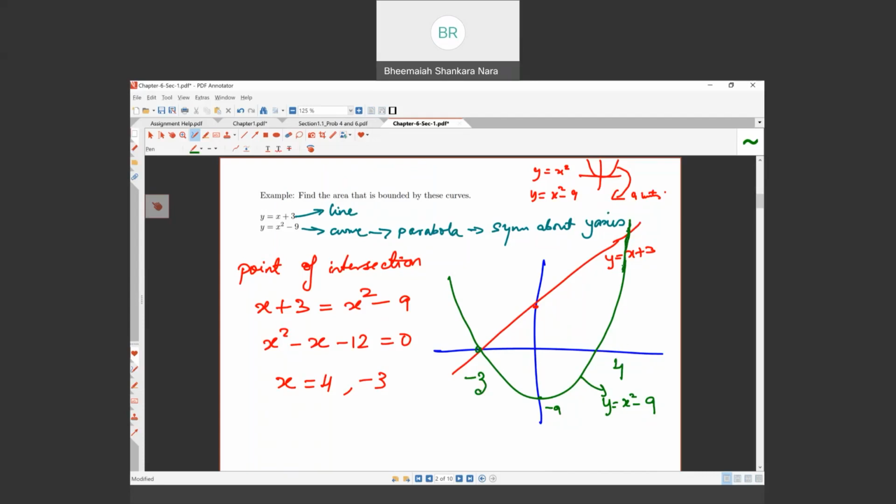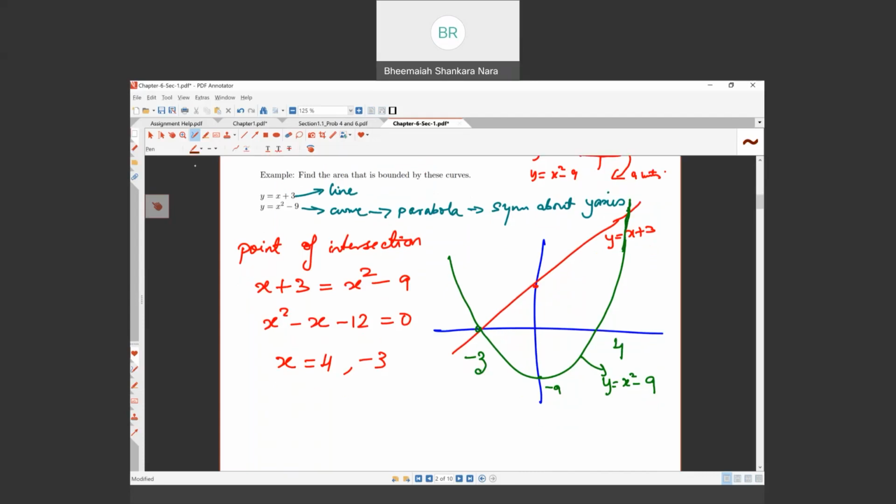Okay, so the question asks us to find the area that is bounded by these curves. The area bounded by these curves is all these vertical shaded lines. And for sure, you want to know the height of this area between the curves.